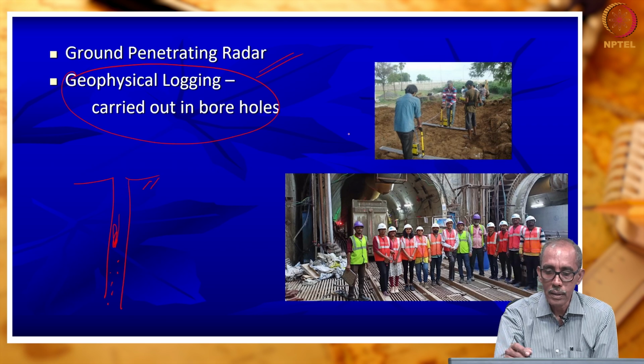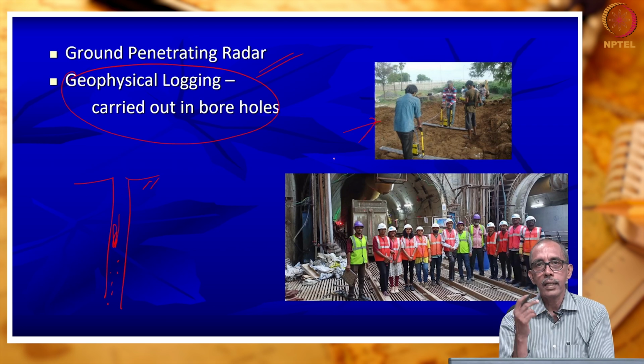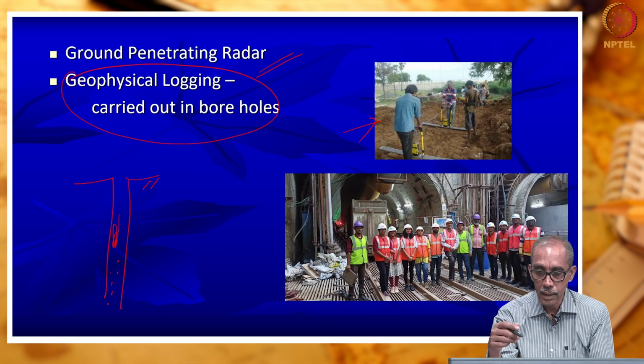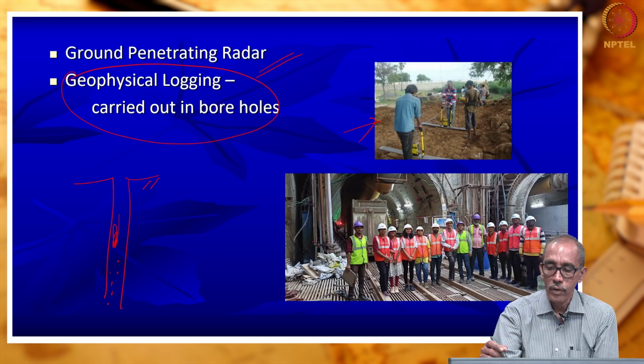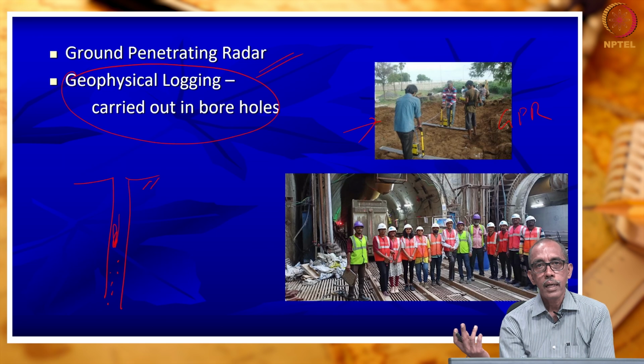So, here is a picture in which we are investigating the subsurface, looking for artifacts, archaeological material beneath the surface of the earth in a region in the central part of Tamil Nadu by ground penetrating radar methods. Here we made a visit to a tunneling work for metro rail work in Chennai.